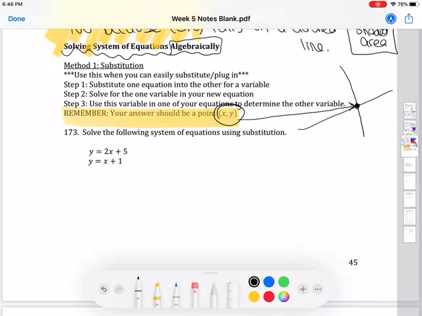Okay, so like I said, there's two different methods we can use to solve a system algebraically, and it really depends what your setup is. So this one, it's even starred here. It says use this when you can easily substitute or plug in. So remember what substitution means. We've talked about it in previous videos. You can plug in a number for a letter or plug in a letter for a letter.